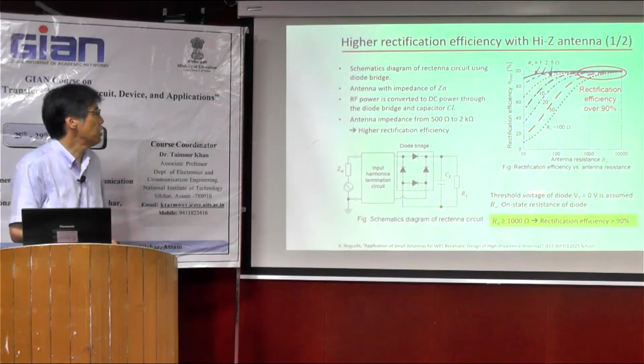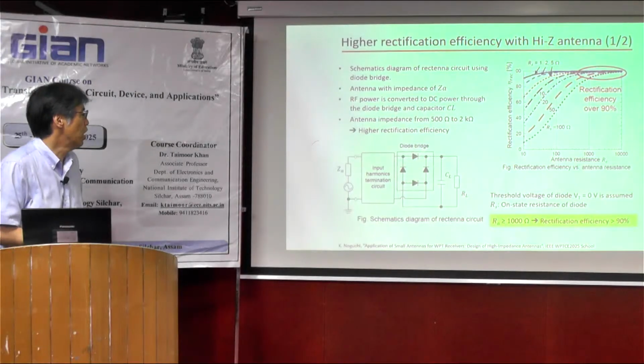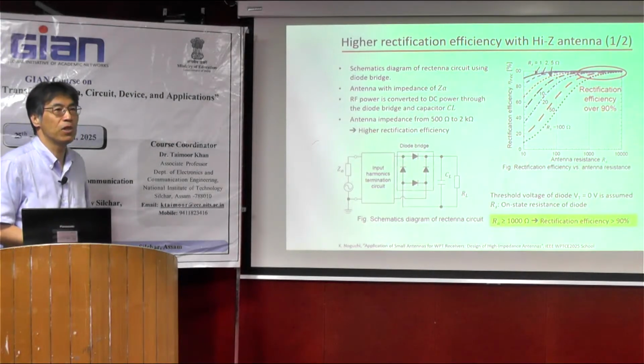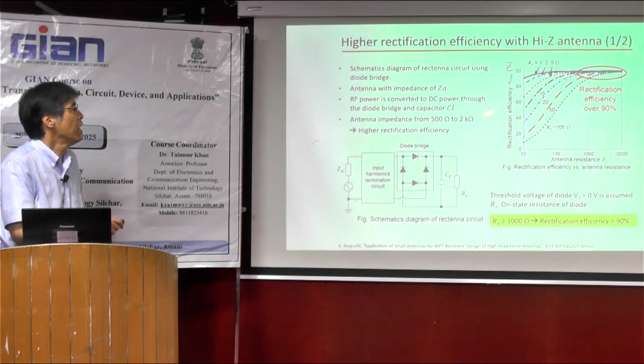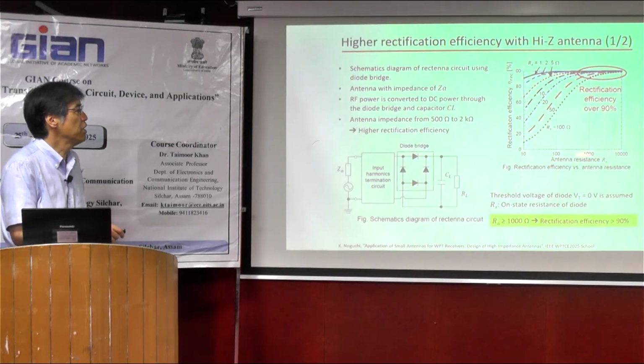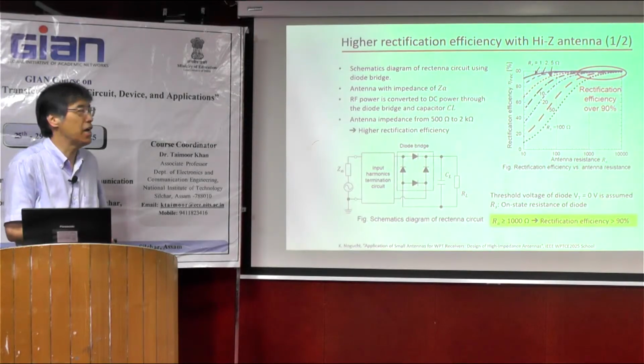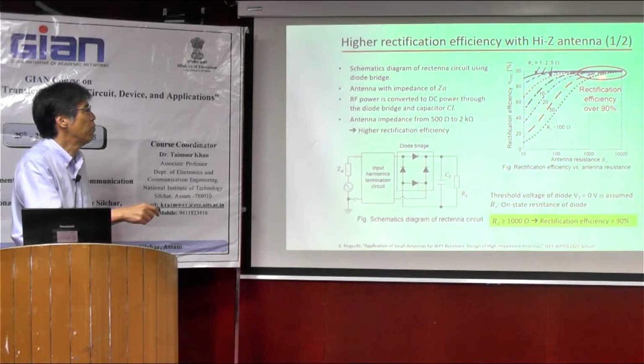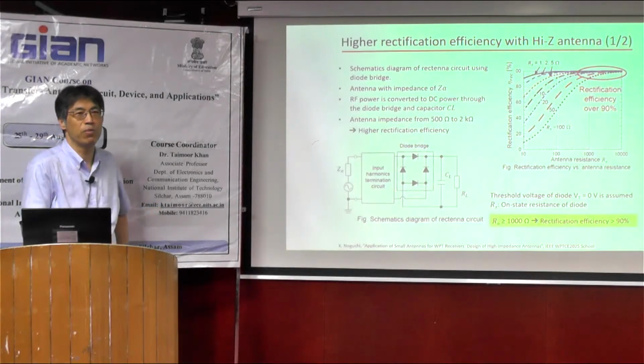So this is a theoretical prediction by the same Professor Noguchi of the Kanazawa Institute of Technology. They change the antenna resistance and the circuit impedance. And as a result, when they increase the antenna resistance or the antenna impedance, efficiency becomes higher, close to 100%.